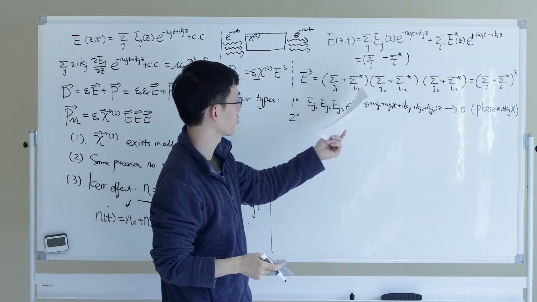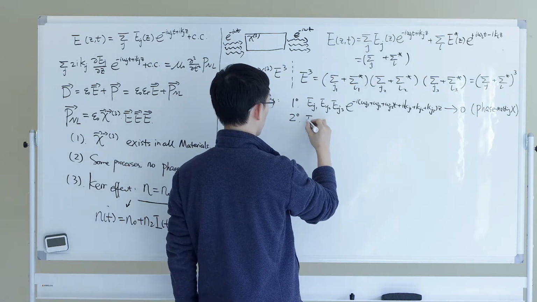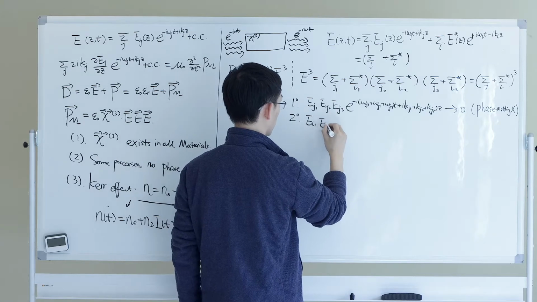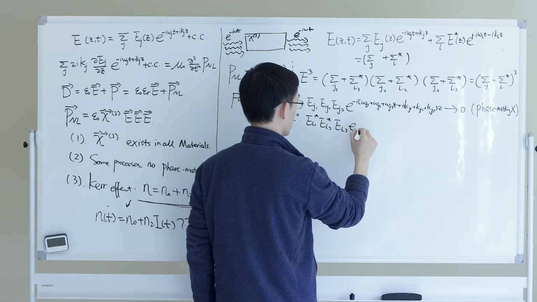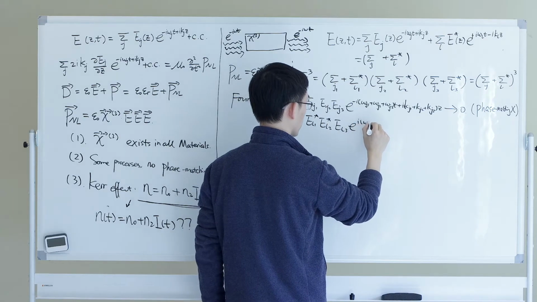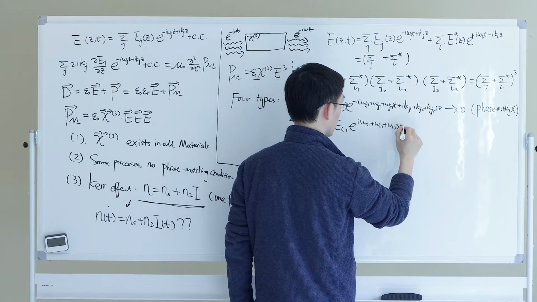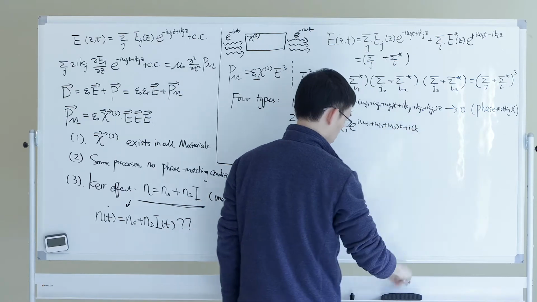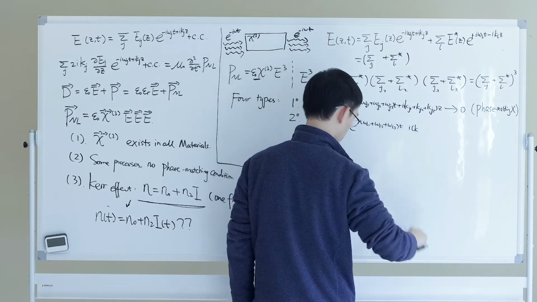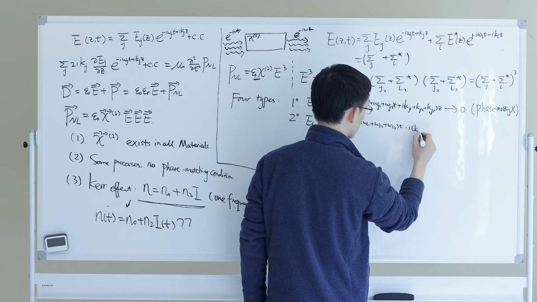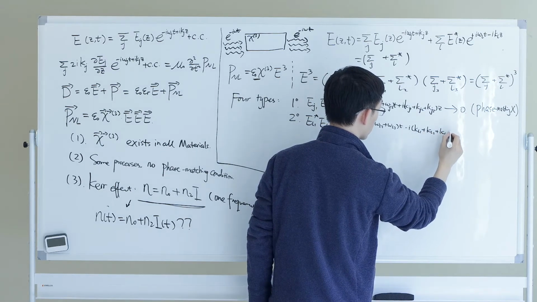You can pick all 3 conjugate terms here. So it will be EL1 conjugate, EL2 conjugate, EL3 conjugate, e to the i (omega L1 plus omega L2 plus omega L3) t, plus i, this is minus, (kL1 plus kL2 plus kL3) z.